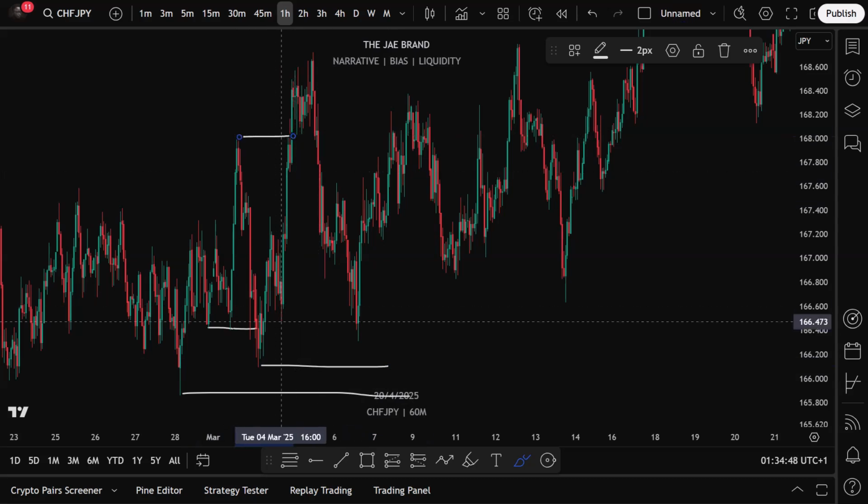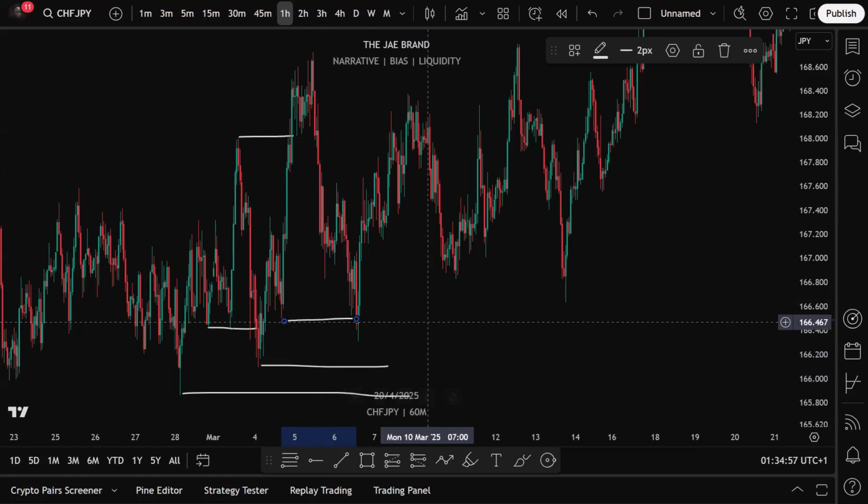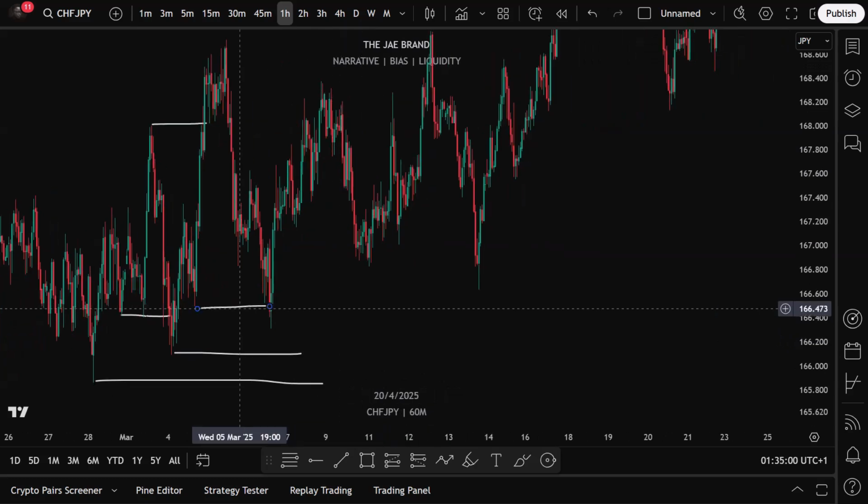And then we have our last low before this protected low, which is our structural liquidity.